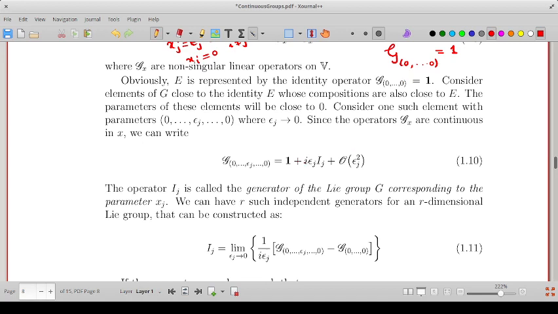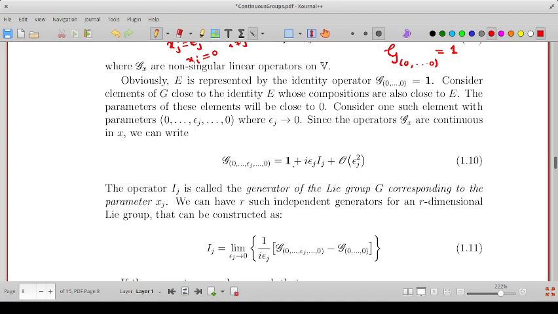So identity operator plus a small operator that has effect very small, or in other words some operator that is multiplied by a very small number, and we take that number to be epsilon_j. So we will expect this to be proportional to epsilon_j when epsilon_j is very small, and the other terms in this expansion will be of order epsilon_j square.